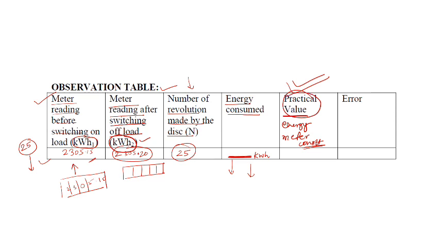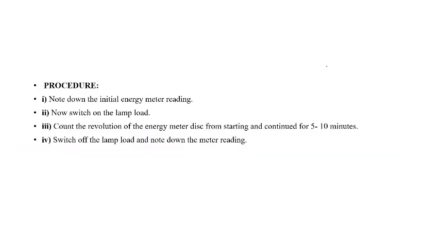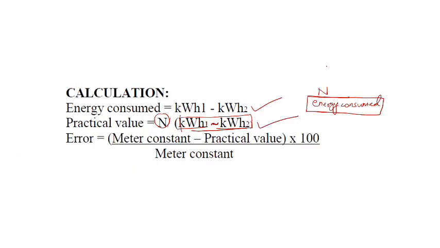Okay, so in this manner you are going to get your practical value of the energy meter, and in the last column you are going to find out the error between the practical value and the value given to you by the manufacturer of this energy meter. So you are going to find the error with the help of the formula: meter constant minus the practical value, divided by meter constant, into 100.